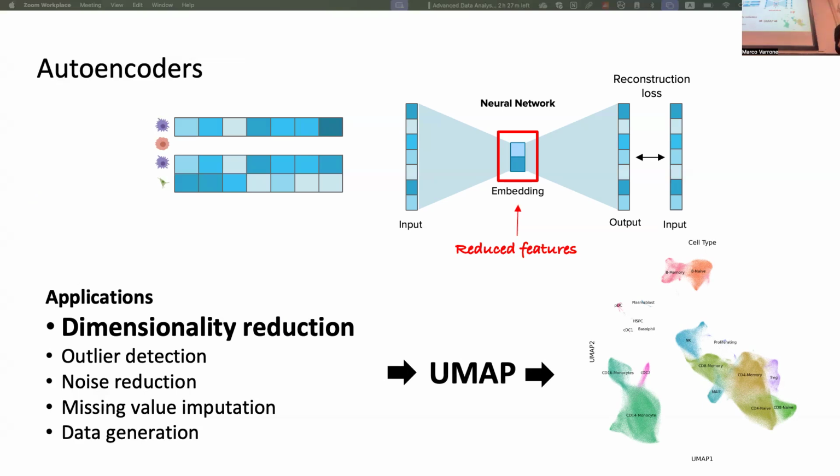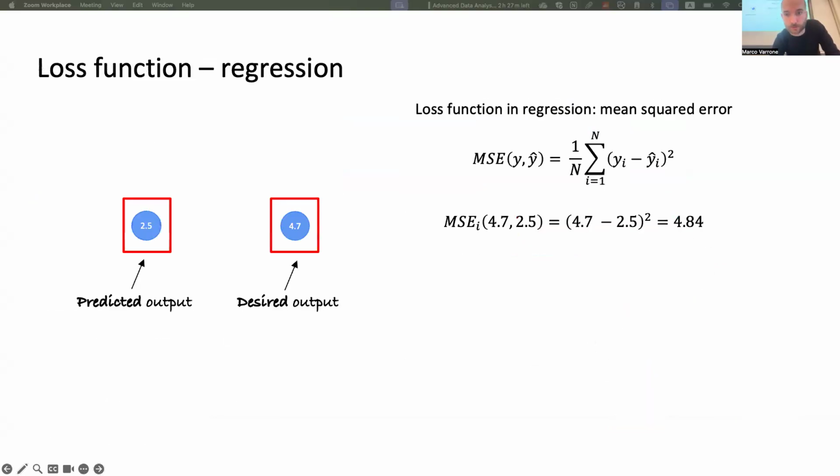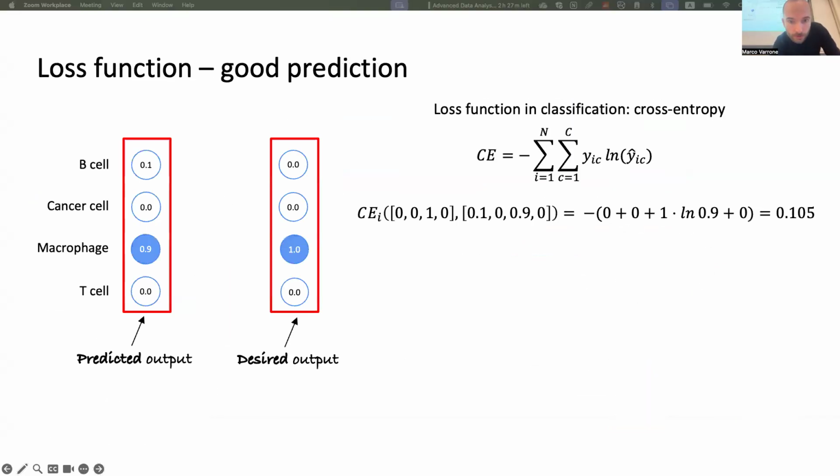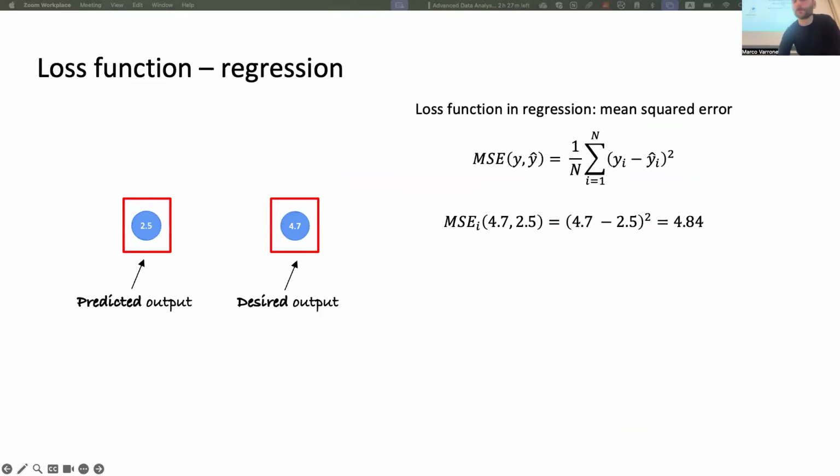What is the formula of the loss that you use in this process? Yeah, it's the mean square error. Yes, because it's still a regression problem, because in the end, you're trying to predict continuous values.